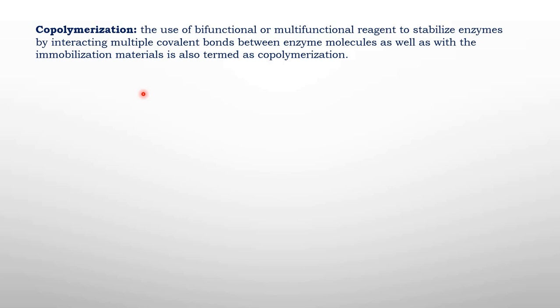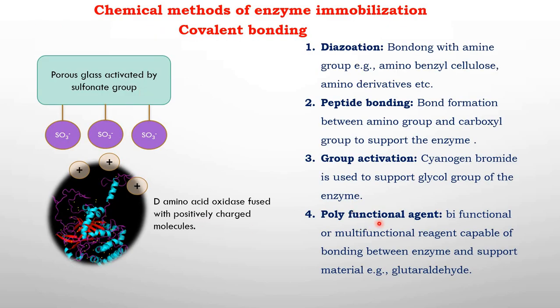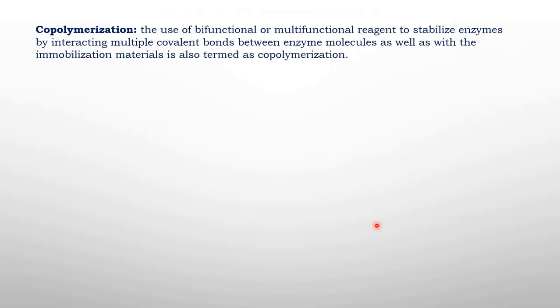Now there is copolymerization, which is also called cross-linking, that is, utilization of a polyfunctional agent. Copolymerization means we can use a chemical substance which can interact with the enzyme along with other copolymerizing molecules. For example, suppose this is a free enzyme.